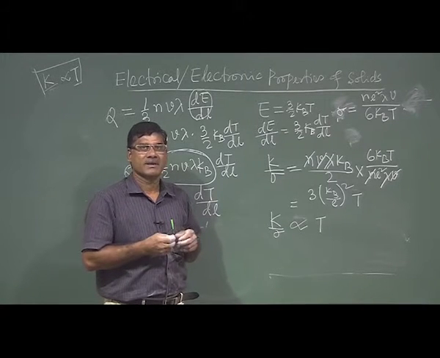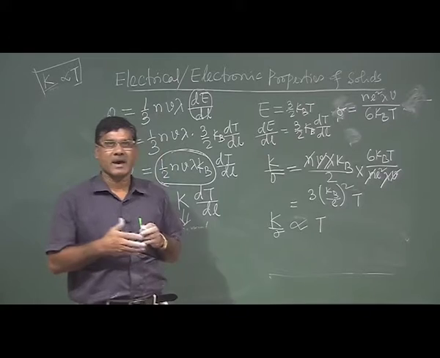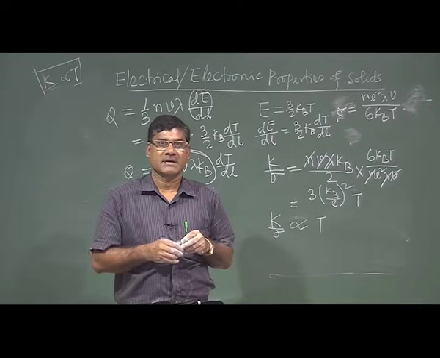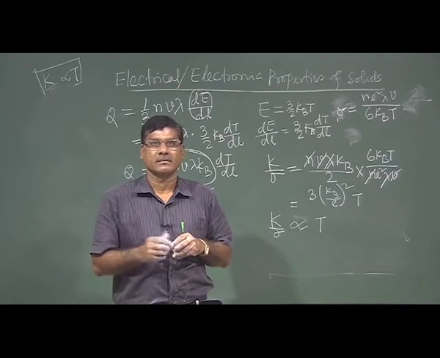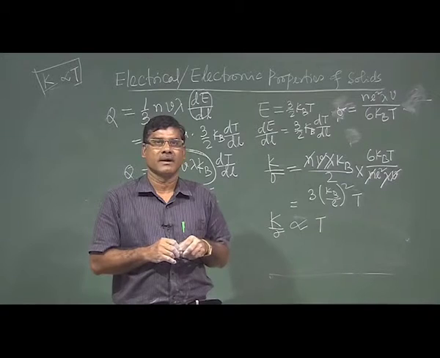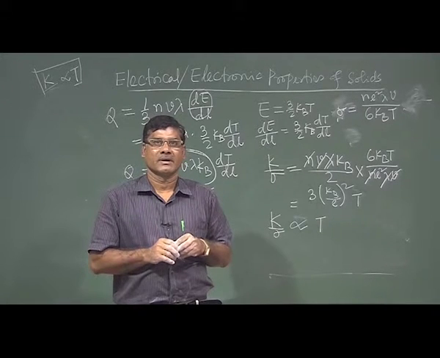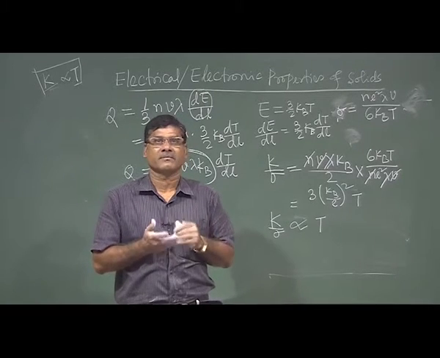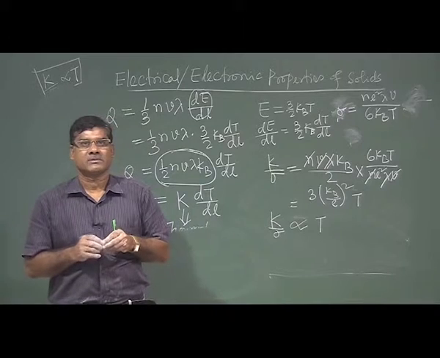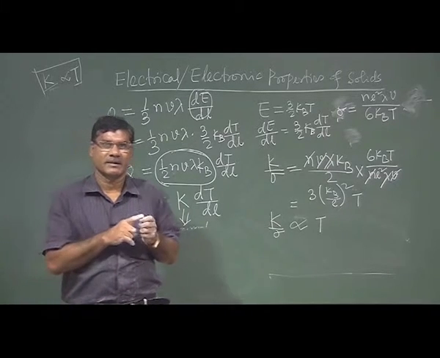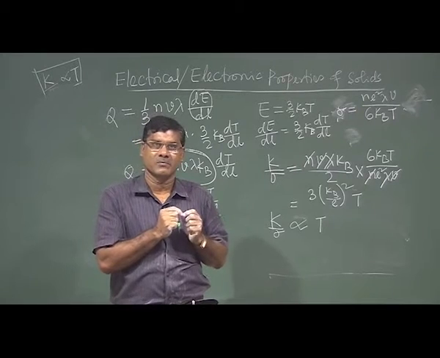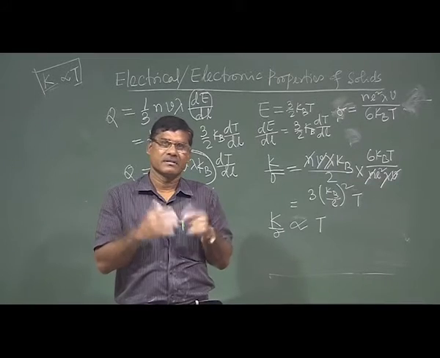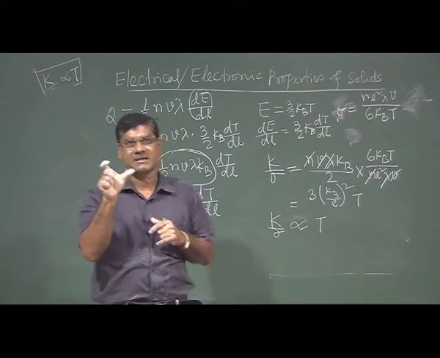It cannot explain everything. It cannot explain the magnetic susceptibility of metal. It cannot explain why the mean free path for metal is very high. One electron can go a path of say 10 to the power 9 times the lattice constant.